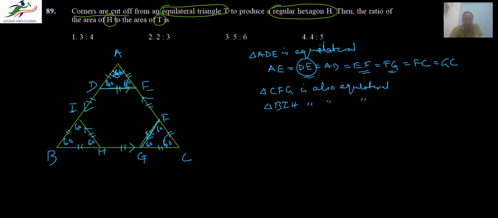So GC and FG are equal. Now FG is equal to HG, and HG is equal to IG. All are sides of the regular hexagon, and BI is equal to BH, and IH.